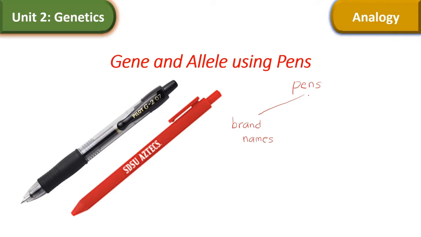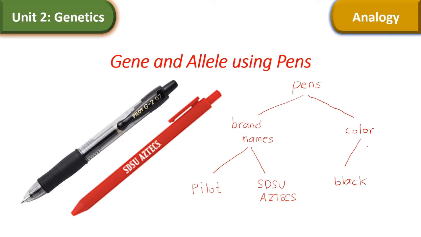I can also see the color of your pens. Speaking of brand names, what are the different brand names you can see there? You have the brand name Pilot, and then the brand name SDSU Aztec. And about the color, we have the color black and the color red.